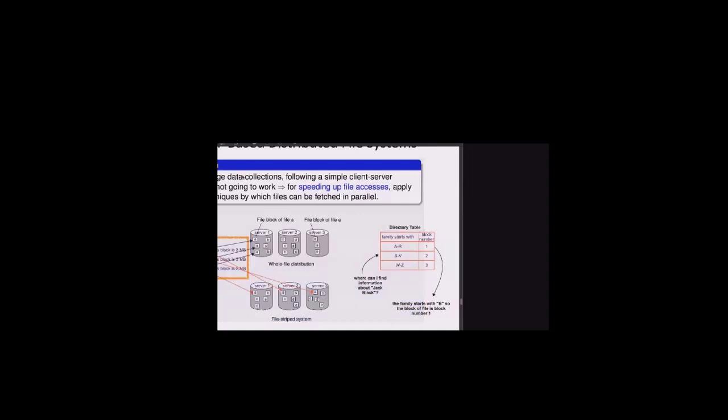This is a hypothetical example. I want you to see how this file striping works.